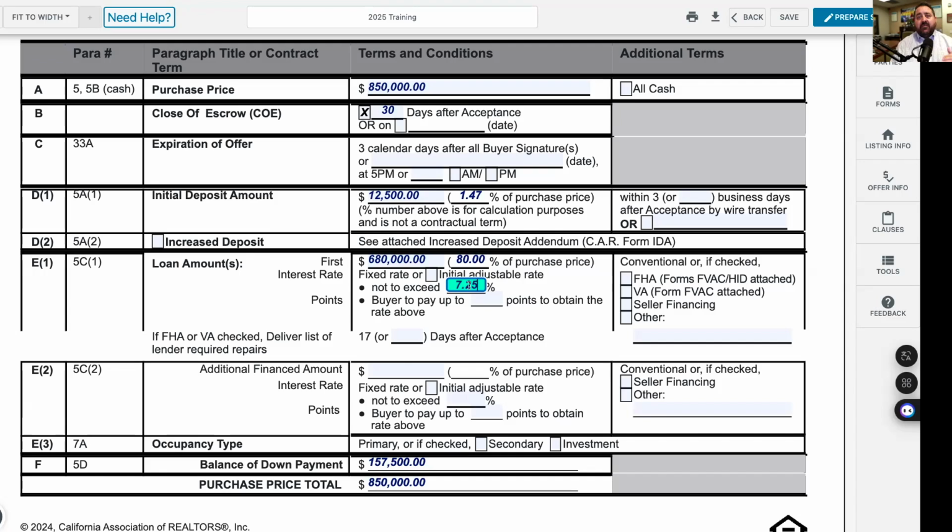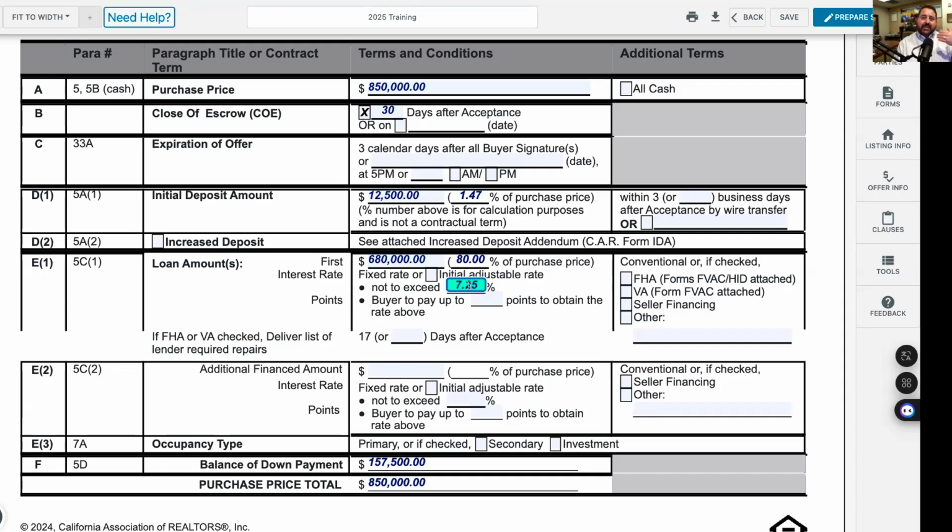It just means that if there are fluctuations in the rate, which we know has been a little bit volatile in the last few months, if you go over that 6.75 at any amount, then you're still committed to this.